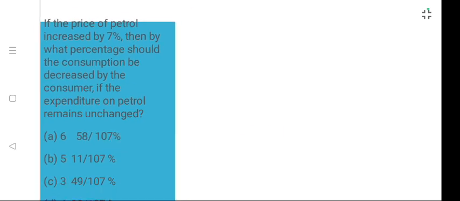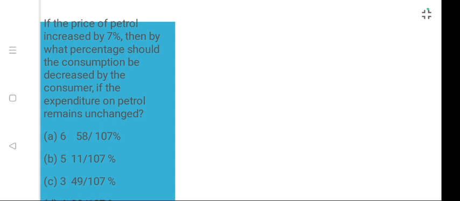If the price of the petrol is increased by 7%, then by what percentage should the consumption be decreased by the consumer if the expenditure on petrol remains unchanged? Here the question says petrol price is increased by 7%. Then how much should the consumption be reduced by the consumer?